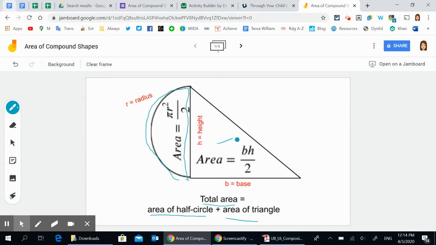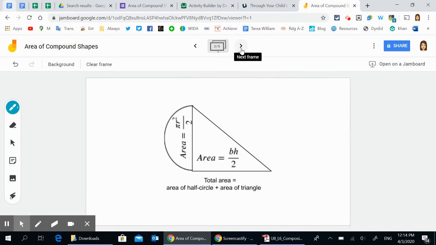So what you will do is find the area of one shape, find the area of the second shape, and then add them together. So let's look at an example with some numbers. In this example, the length of the base of my triangle is 27.